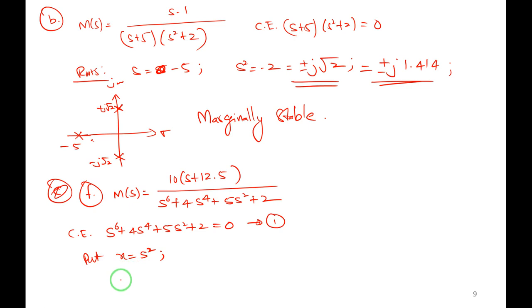So what will I be getting? x cube, since s square cubed means s power 6. So equation 1 implies x cube plus 4x square, since s power 4 comes back, plus 5x plus 2 equal to 0. This is one way of doing it.